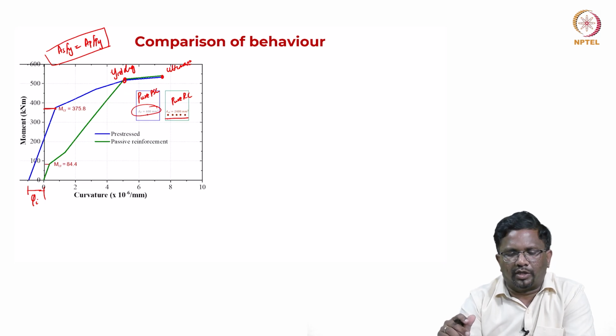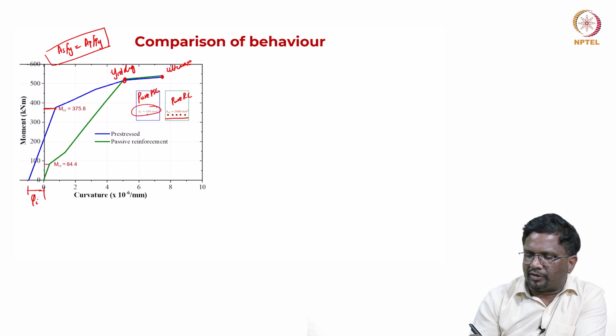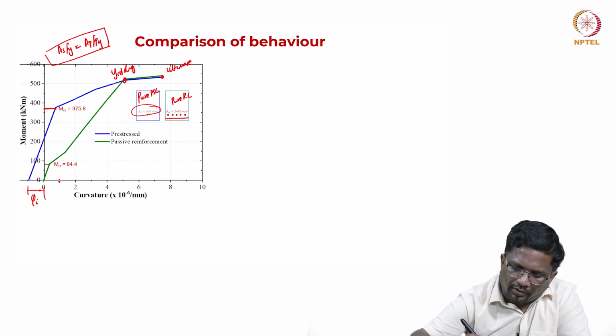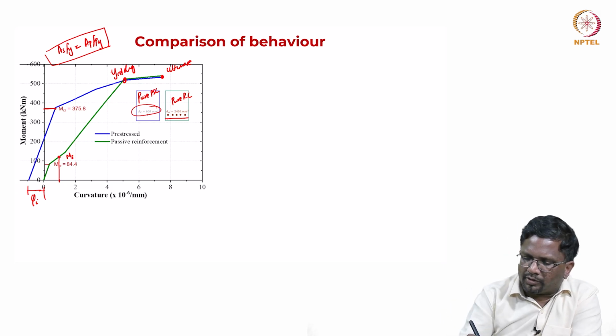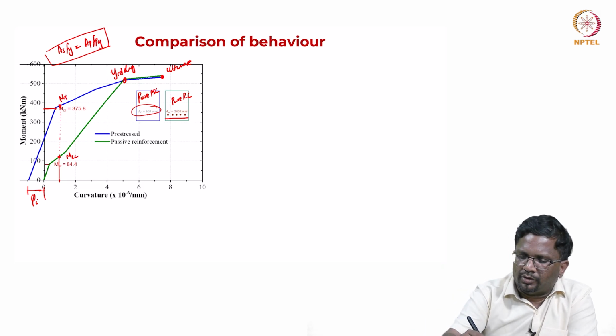But one thing that we can see is, if I take one curvature, for example, let's say I take it at 1, right. So if you plot here, this is the moment that I am getting from RC, and for the same thing, if I extend this, I get a moment of this from pre-stress. So what does it tell?